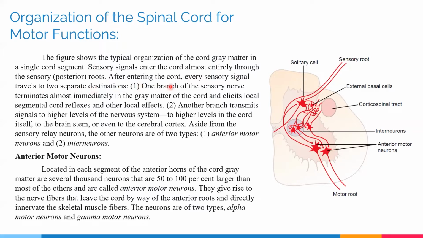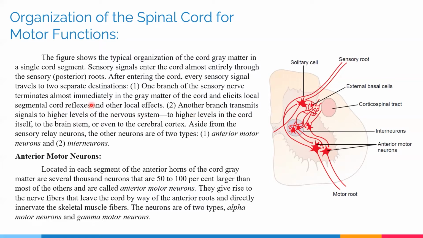After reaching the cord, every sensory signal travels to two separate destinations. The first one being one branch of the sensory nerve terminates almost immediately in the gray matter of the cord and elicits a local segmental cord reflex, and other local effects.